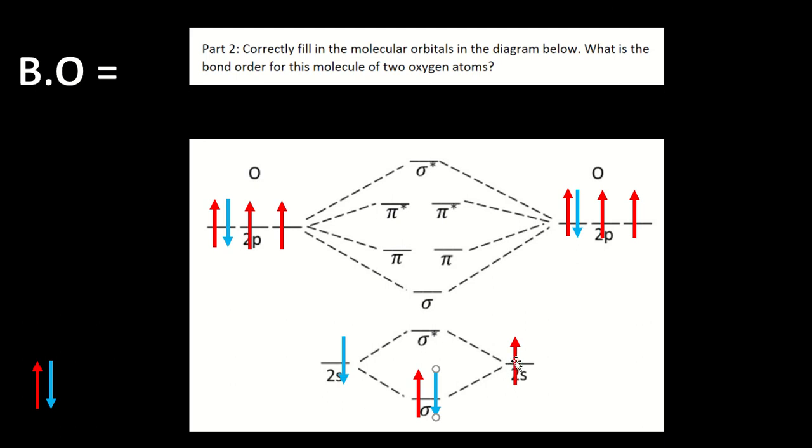And then we can continue onwards to take 2 more electrons to fill the sigma star, or the sigma anti-bonding orbital. And that used up all the 2s electrons. Now we can start building our way upwards, filling in the molecular orbitals formed from the 2p atomic orbitals.